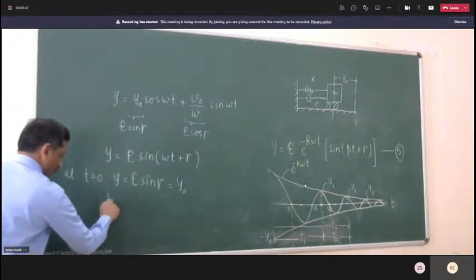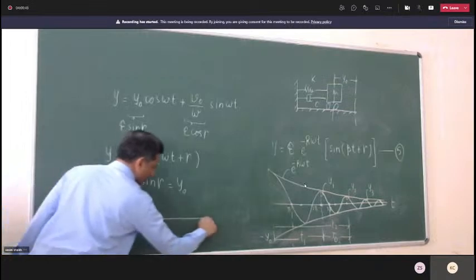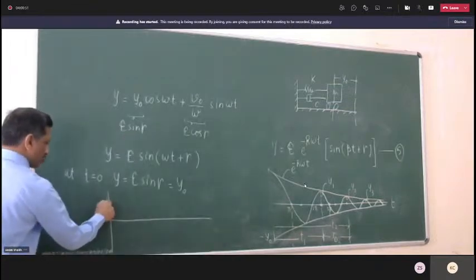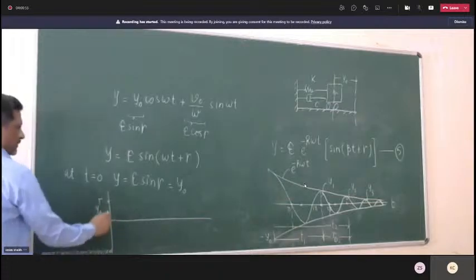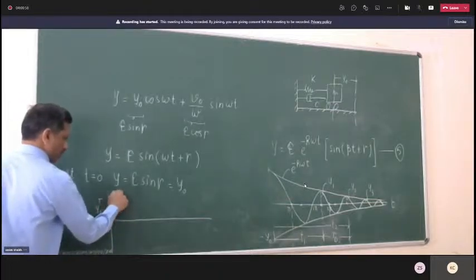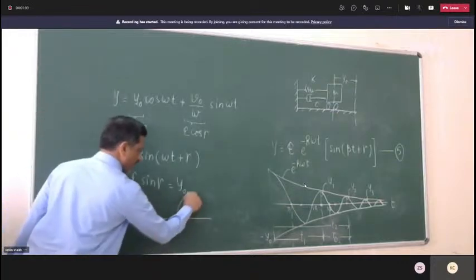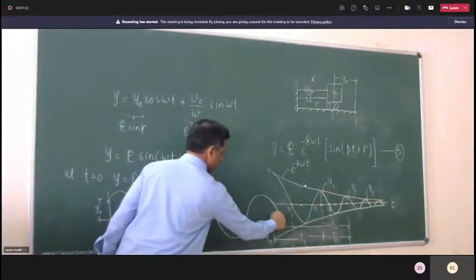And therefore, if you plot the graph in that problem, at t is equal to 0, y is y0. The system is having initial velocity. That's how the graph is like this.